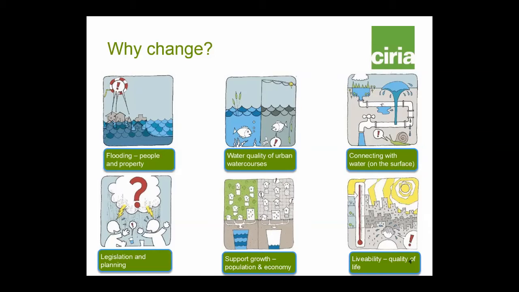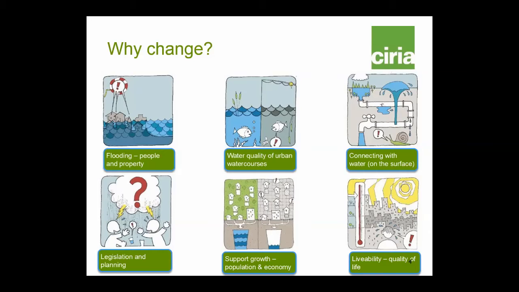We also have quite a significant challenge in our existing networks of future population growth. So how can we ensure that our current networks are resilient enough to be able to take extra increase in flows? And then finally, there's the whole liveability aspect.